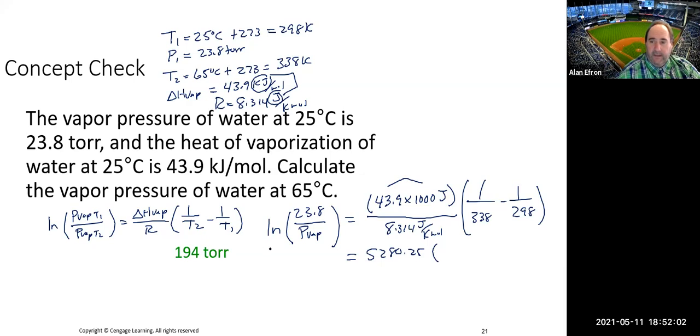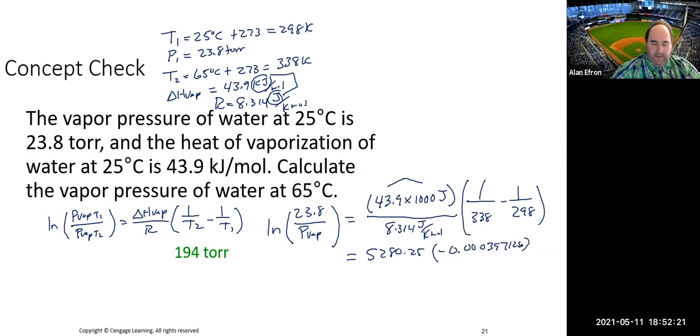Going to give me negative, it looks like, 0.000397125, if I did that correctly there.